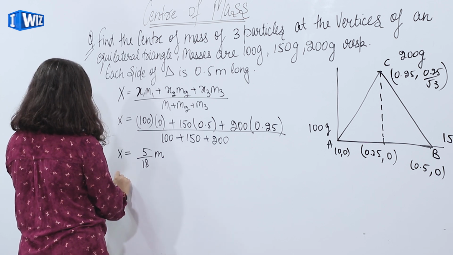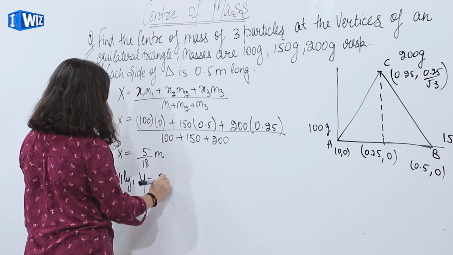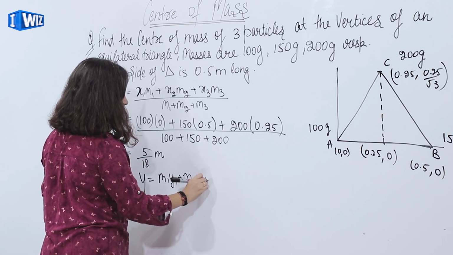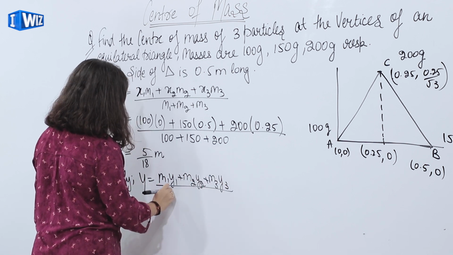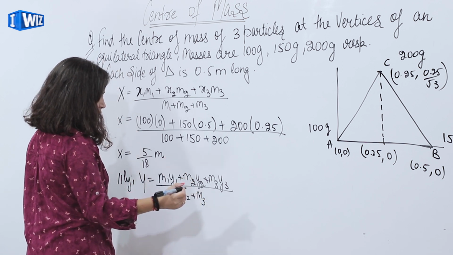Similarly, we'll calculate for y. For y, m1 y1 plus m2 y2 plus m3 y3 upon m1 plus m2 plus m3.